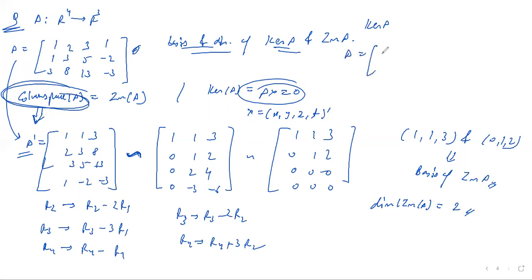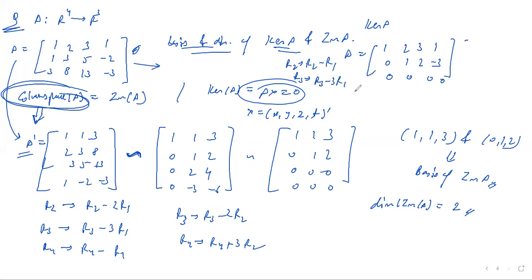It gives 1 2 3 1, applying R2 minus R1 and R3 minus 3R1. This would give me 0 1 2 minus 3, and then 0 0 0 0.